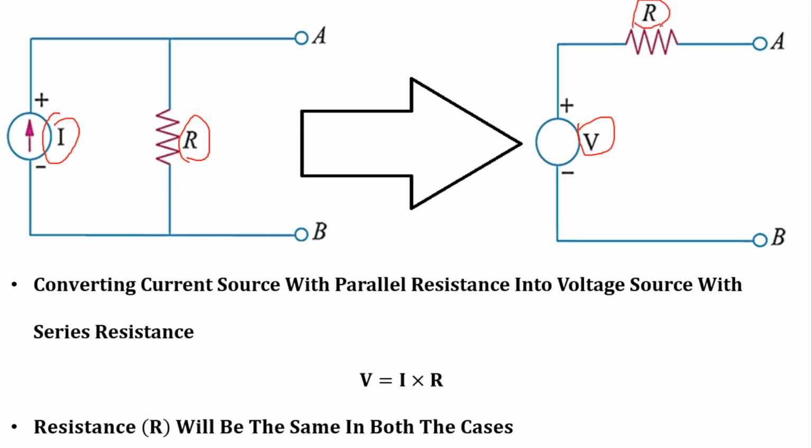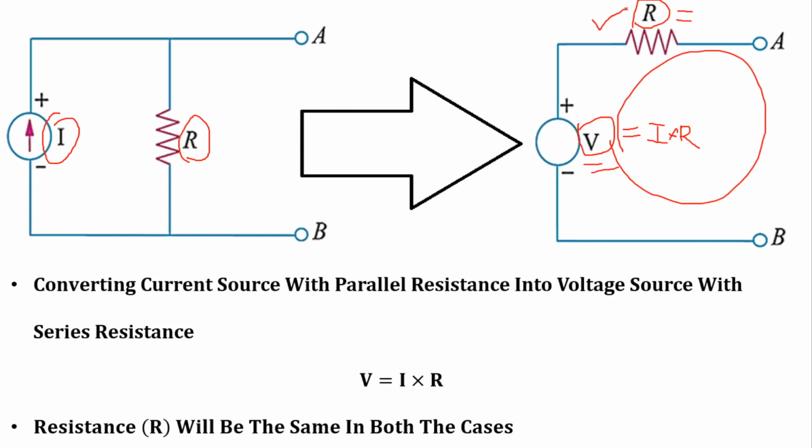Again in this case, the value of this series resistance is equal to this parallel resistance, and this voltage V is equal to the current source I multiplied by the parallel resistance R. So V is equal to IR. So this is the way we can convert a current source with parallel resistance into a voltage source with series resistance.